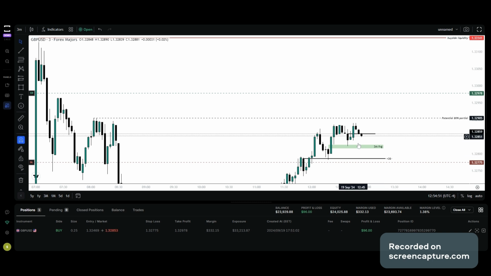We'll see. So 1, 2. I mean, you could count mean threshold as well, or consequent encroachment of this wick could also be counted as a discount array. And then you got the bullish order block. So, because I was considering moving my stop below this low.